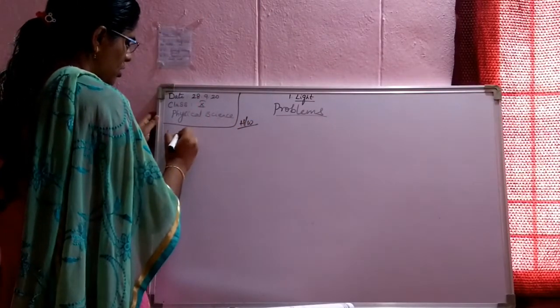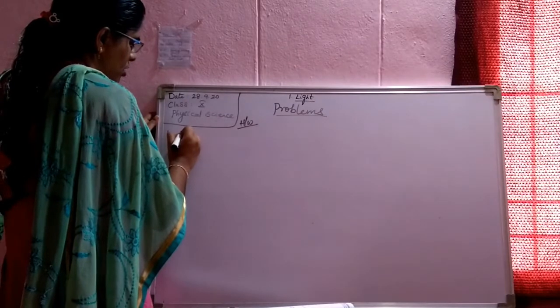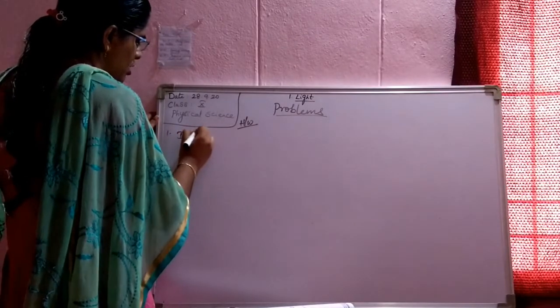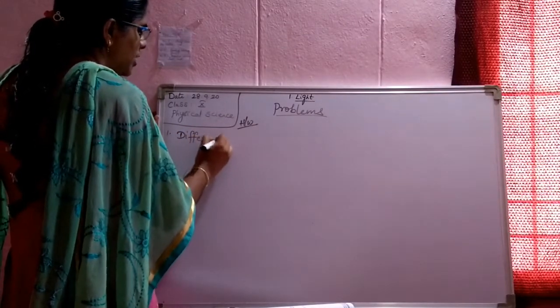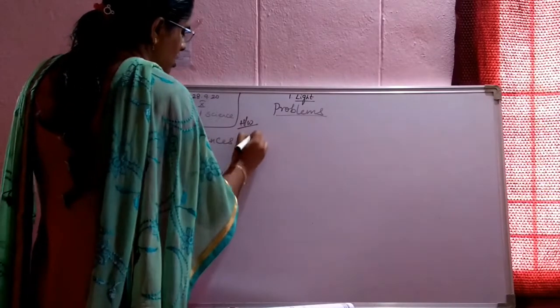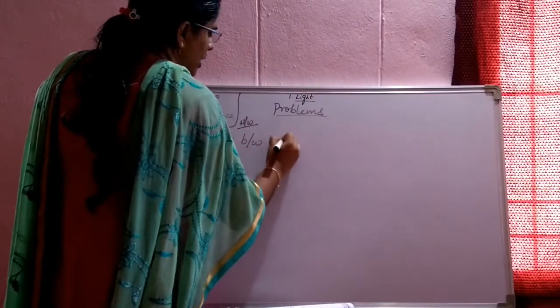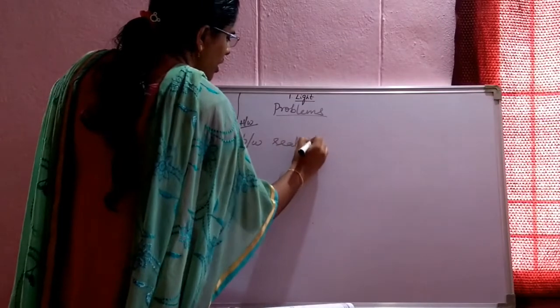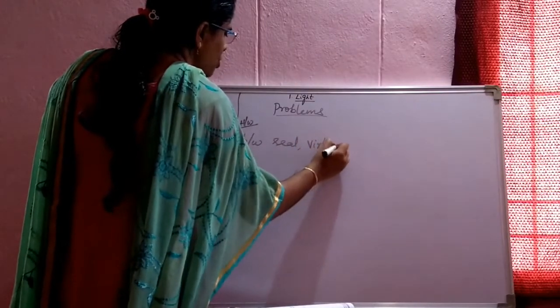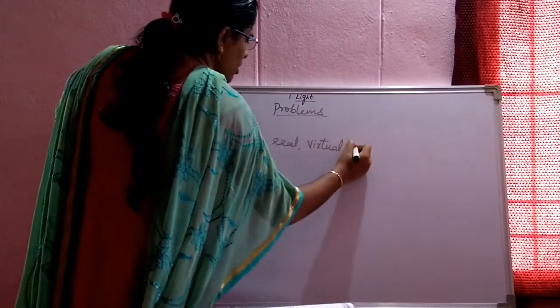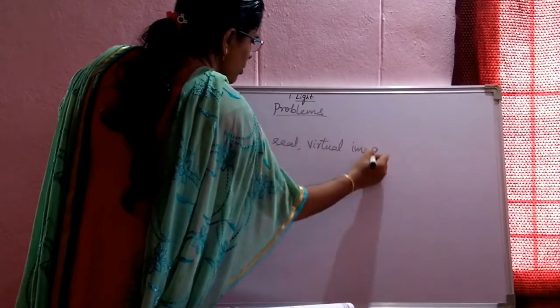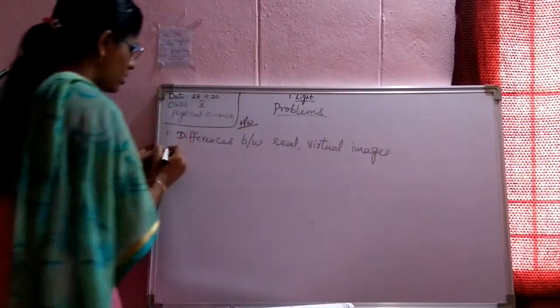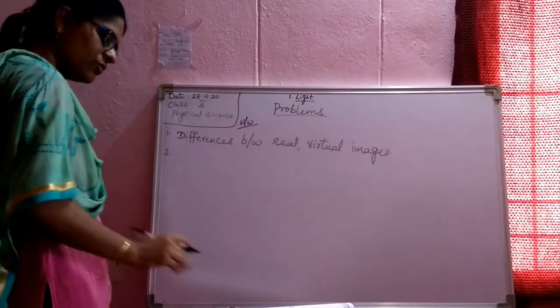First one is differences between a real and a virtual image. The problem you note down.